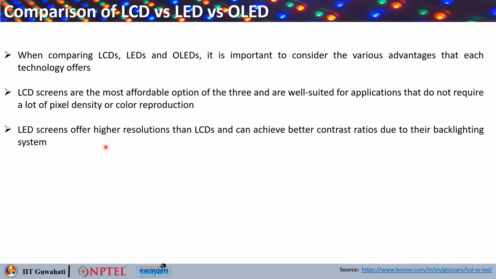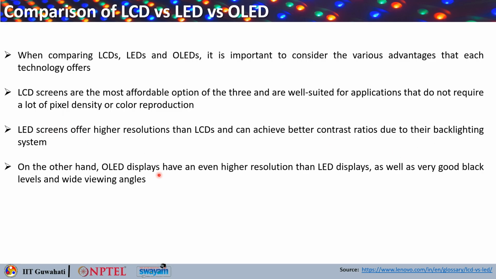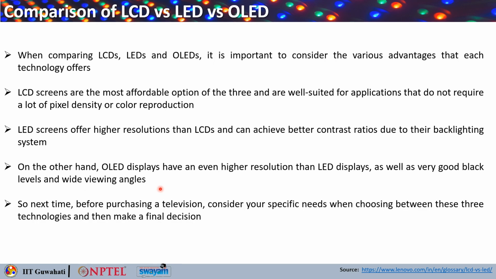LED screens, on the other hand, can offer higher resolution than LCDs and achieve better contrast ratios due to their backlighting system. Okay. On the other hand, OLED displays have an even higher resolution than LED displays, and they have very good black levels. So, you get a very good contrast ratio and very good wide angle viewing as well.